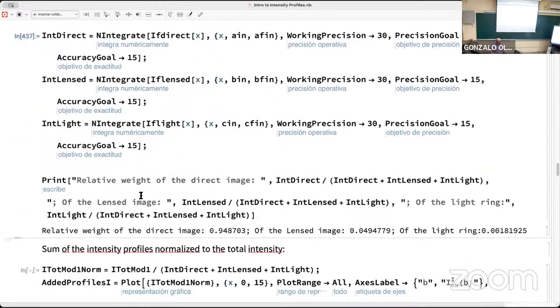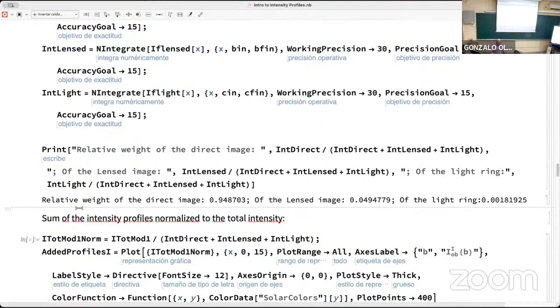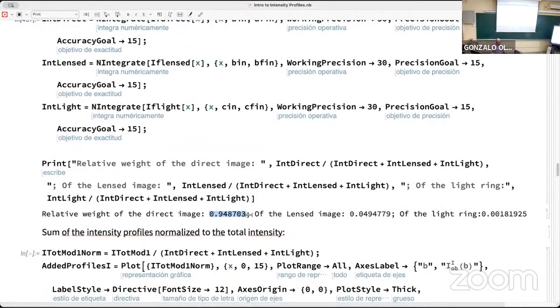You can see that the direct image represents, over unity, 95% basically of the total intensity. We are just doing the integrals; the direct image, we are integrating between the region of support of that region. So the direct image represents 95% of the total luminosity.